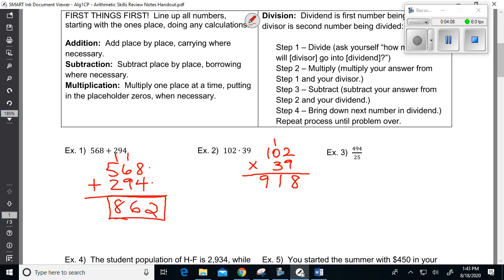Now we multiply with the 3. Put the placeholder. 3 times 2, 6. 3 times 0, 0. 3 times 1, 3. Then we add everything up. So 3,978. I'm used to putting the comma. If you don't put the comma, that's fine.